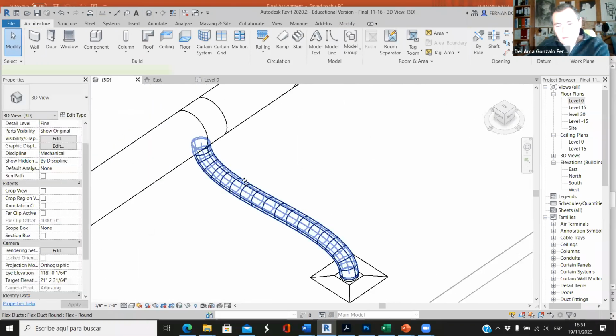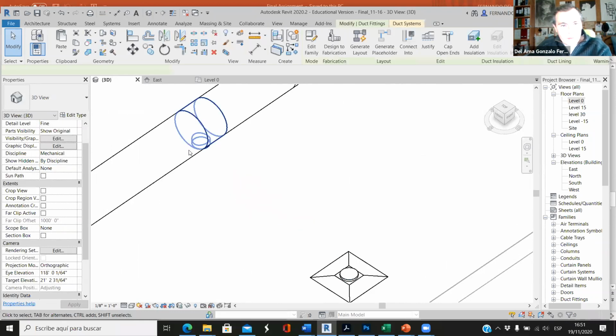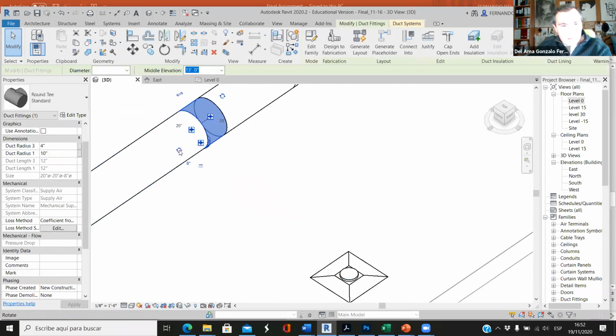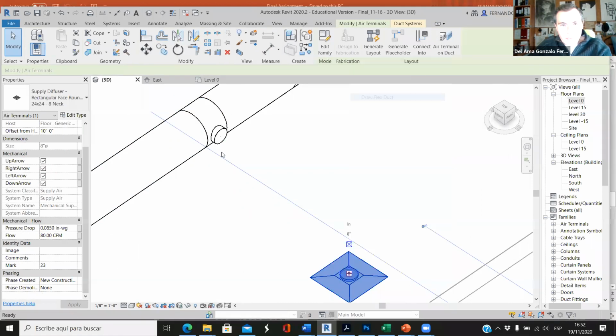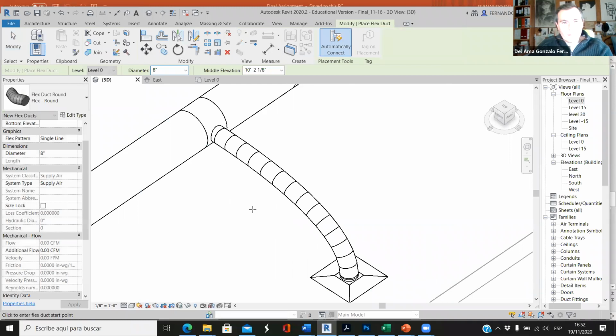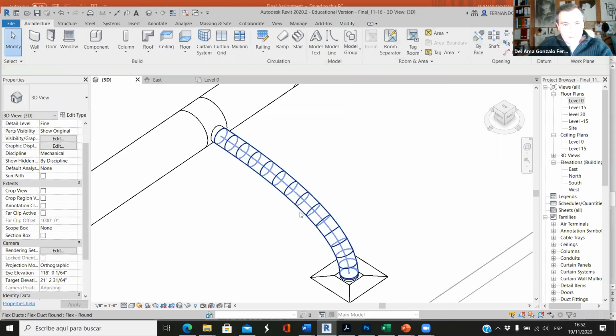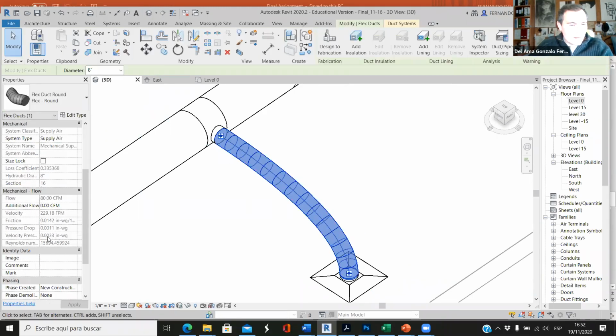Yeah, I don't like this. So let's rotate this one, flex duct. But now this is 8. Is it enough? So let's check the speed.